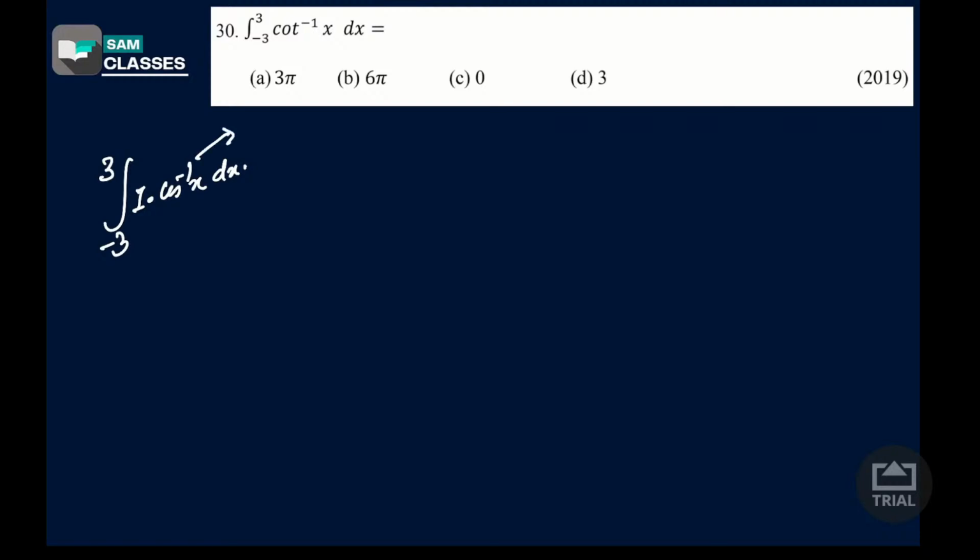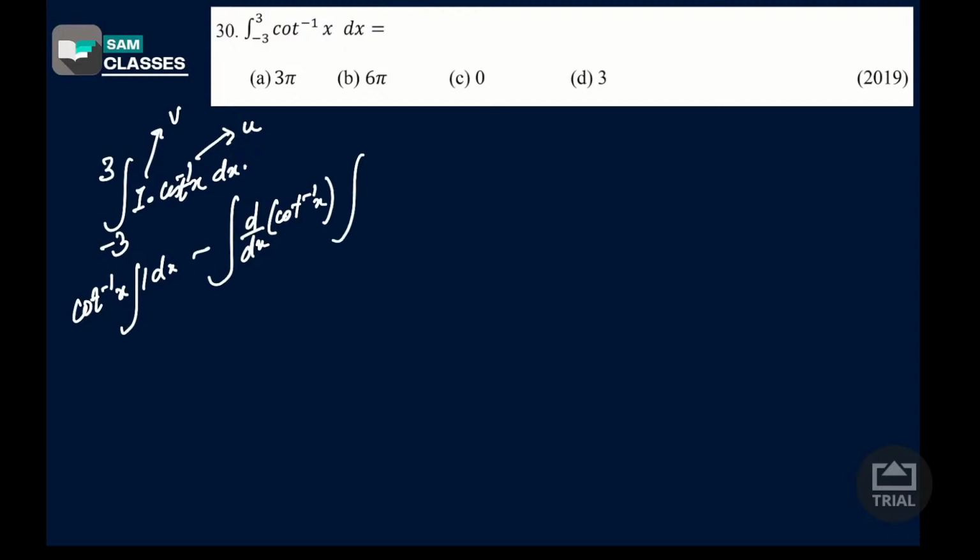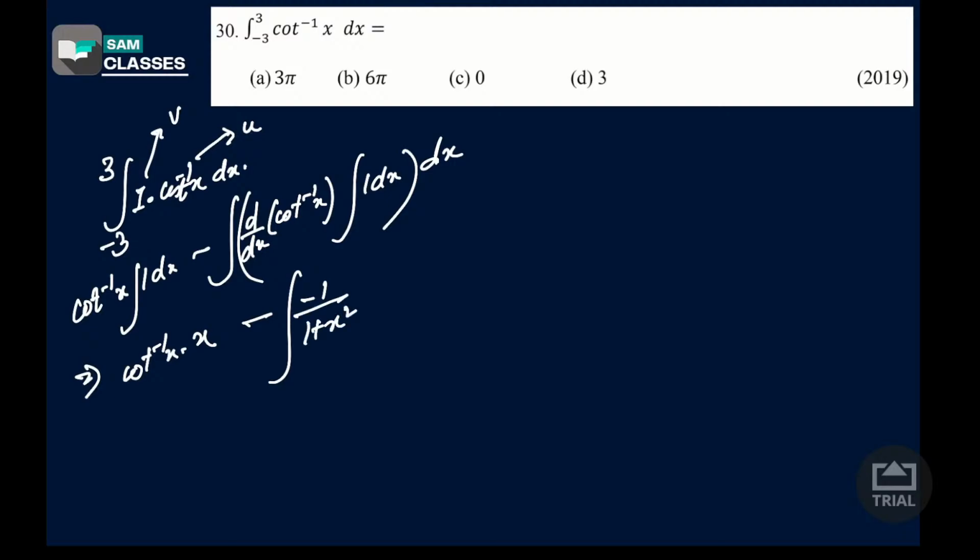So the U function is cot inverse x and this is V. So it is cot inverse x integration 1 dx minus integration of d by dx of cot inverse x, integration 1 dx, and then dx. So cot inverse x into x minus integration of derivative of cot inverse x. What is this? Minus 1 by 1 plus x square.